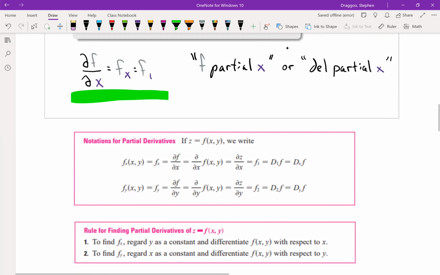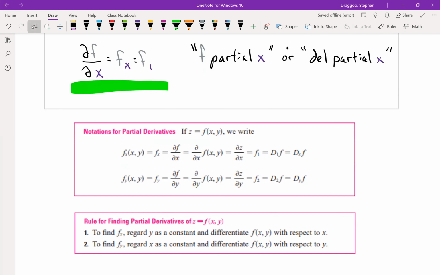If we look at some more notations from out of the textbook, x is going to be that first variable, so it gets subscript 1. Y is the second variable, so it gets subscript 2. If we want to extend that any further beyond. Also, sometimes a large capital D is used to represent a partial derivative, where the subscript then goes on that D for deciding which variable we're taking a derivative with respect to.